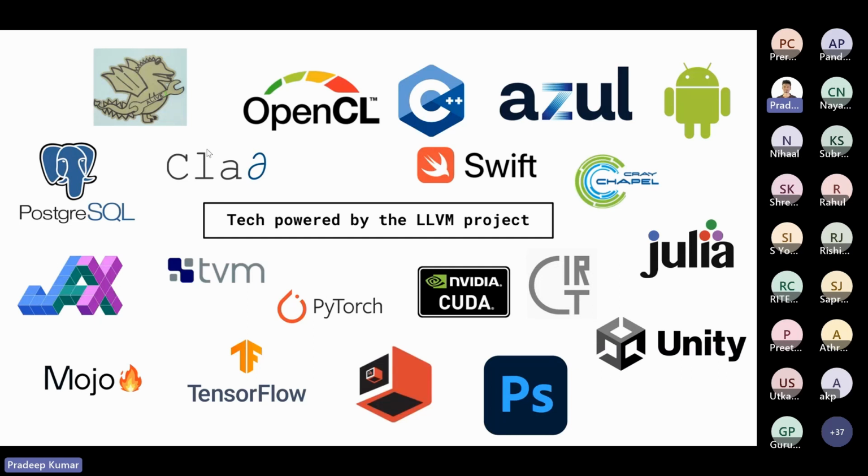CLAD is an interesting tool. It's a plugin based on Clang that does automatic differentiation. Given C++ code, you can run CLAD on it, and it will look through all the functions and do automatic differentiation on the code and generate C++ functions for the ones that you want to differentiate.